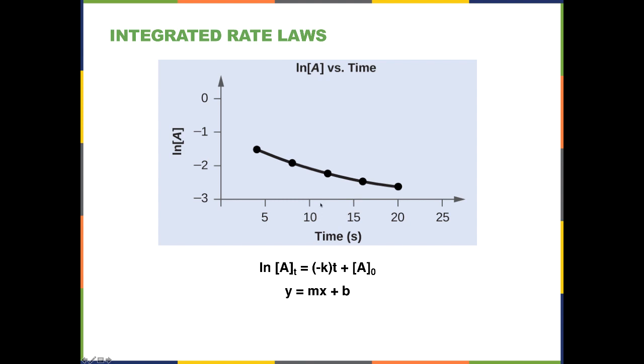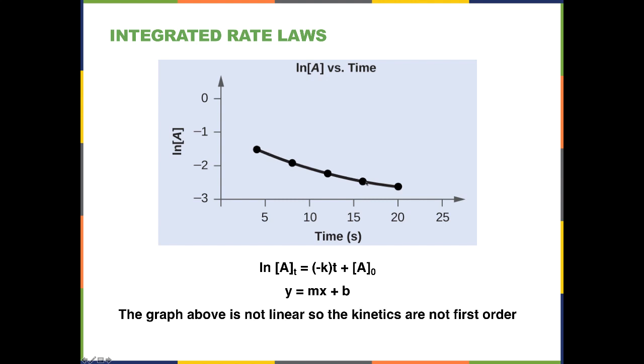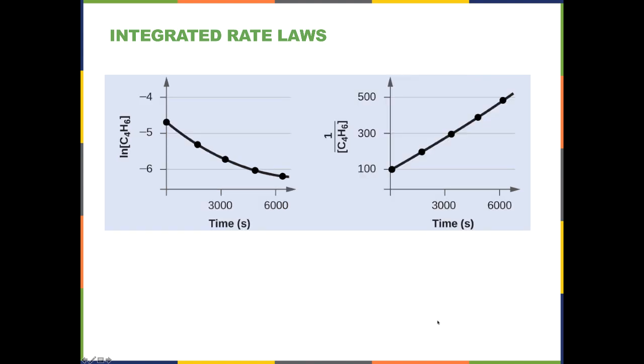Now this curve right here, you'll notice that it's not exactly a straight line. And because it's not exactly a straight line in terms of the natural log of the concentration versus time, it's not really a first order reaction. So what sort of reaction is this? Well, if you plot it as 1 over the concentration and you get a straight line, then this is what's known as second order.